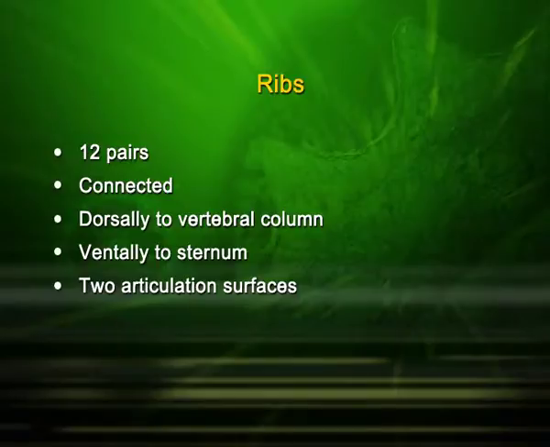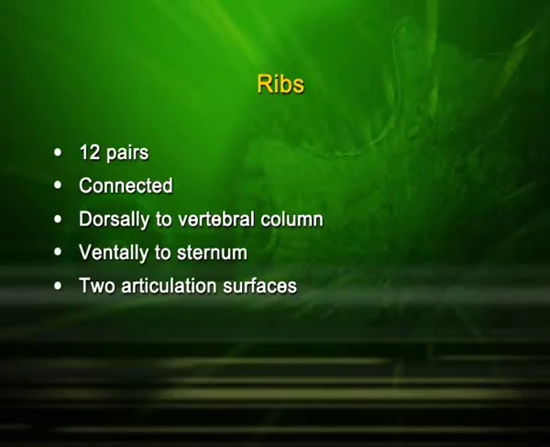We have 12 pairs of ribs. These ribs are connected dorsally to the vertebral column. I hope you understand what I mean by dorsally, that is the back side. It is connected to vertebral column, and on the front side, that is ventral side, connected to sternum.